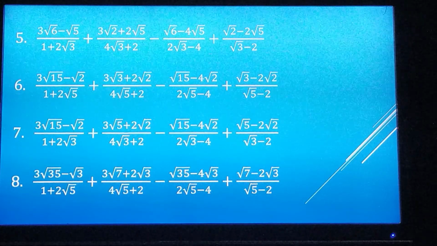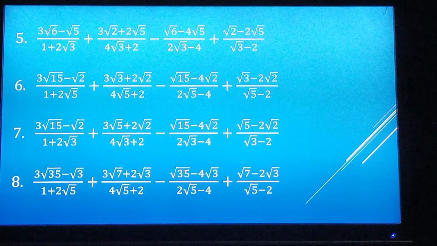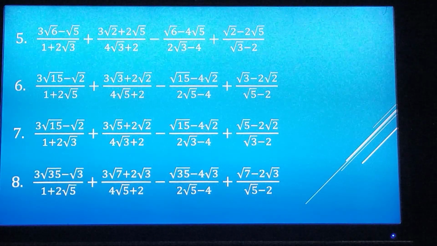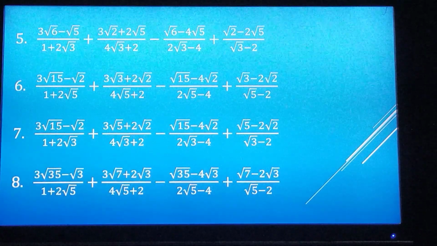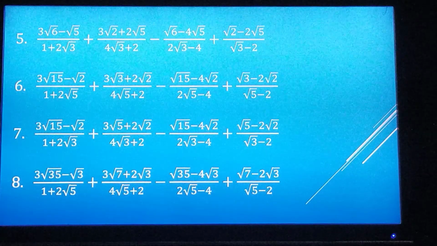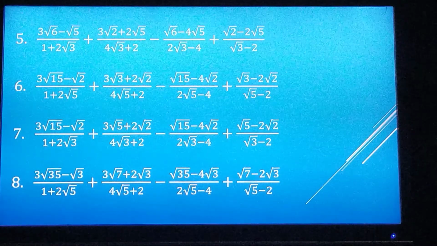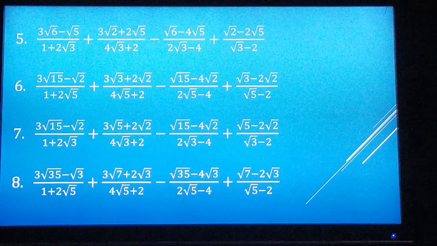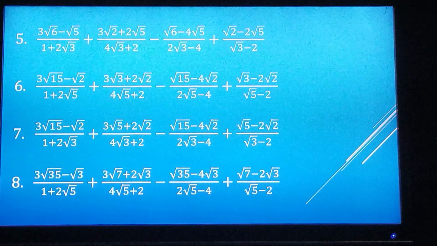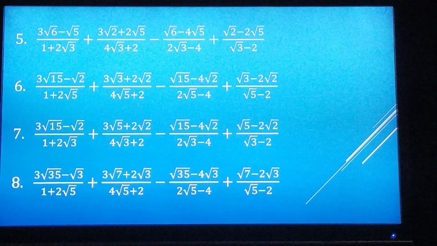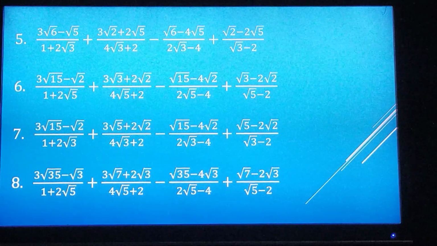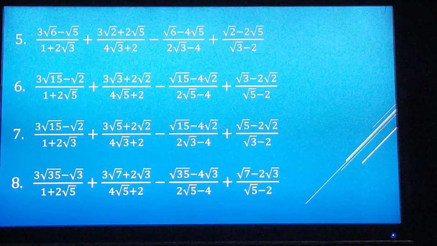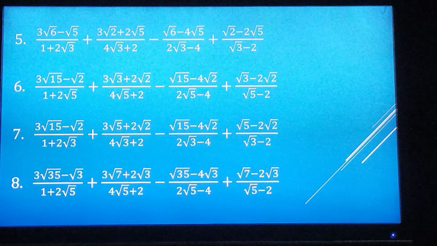Okay, the first set, 1 to 4, involves only one irrational number, while from 5 to 8, each one involves at least two irrational numbers. For example, in number 5, there's square root of 6, we have square root of 5, and we also have square root of 3.